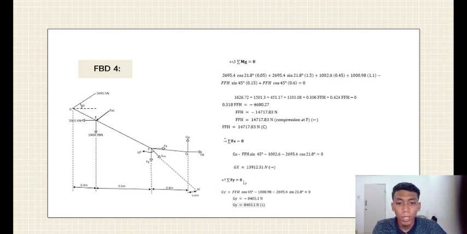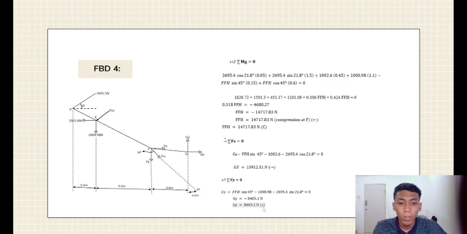The equation of Fy, the force y considered upward as positive, equal to 0. Gy plus FFH cos 45 degree minus 1000.98 minus 2695.4 sine 21.8 degree equal to 0. The answer of Gy, we will get negative 8405.1 Newton.